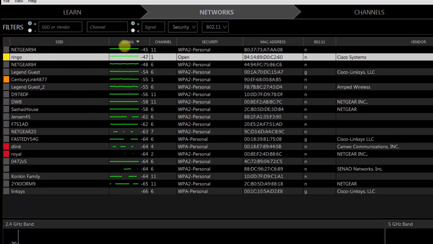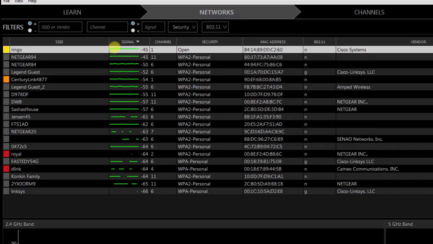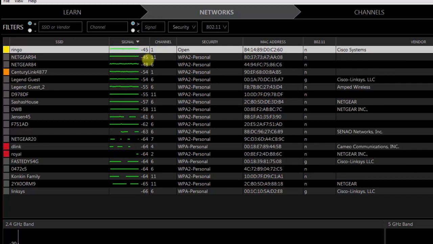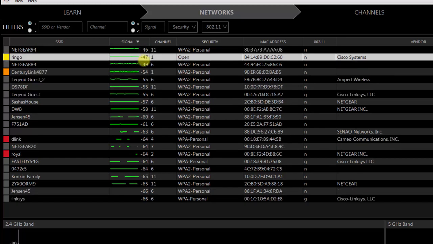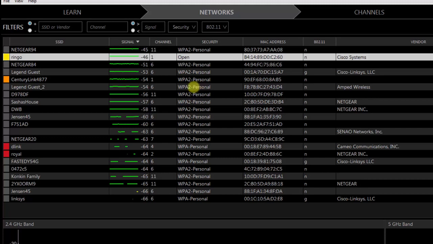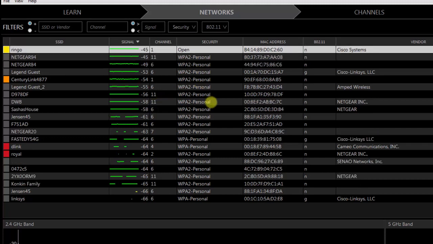So let's take a look at signal strength and get an idea about that. If you look at the signal strength here, they have a -45 and a -45 for both the Netgear and Ringo. That is a very strong signal strength. The unit is dBm.